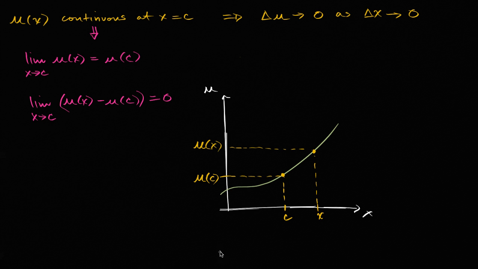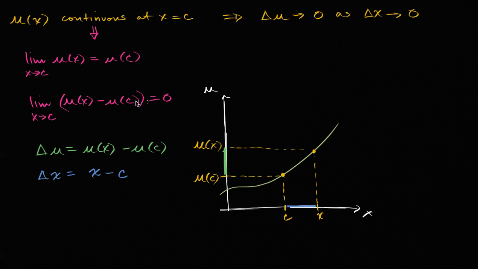So if we define our change in u is equal to u of x minus u of c, which makes sense because this is our change in u. So let's say this is going to be u of x minus u of c. And if we define our change in x is equal to x minus c, which it is in this case, it is x minus c.